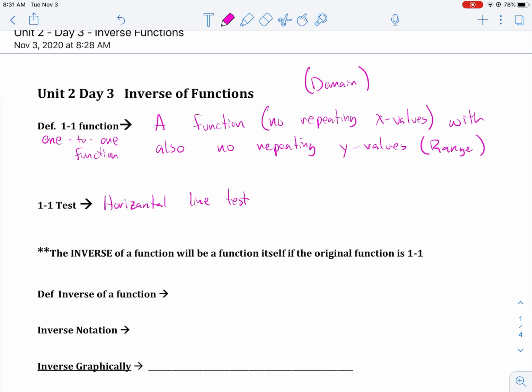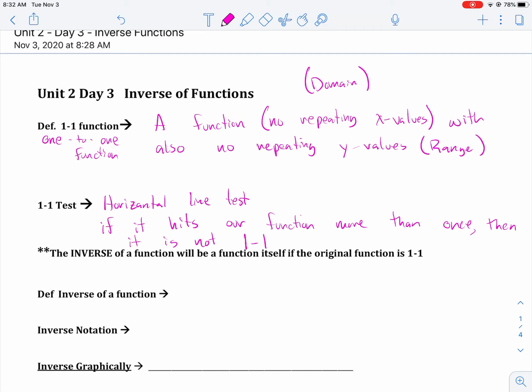What the horizontal line test does is, if it hits our function more than once, then it is not 1-to-1, which means it has repeating y values.